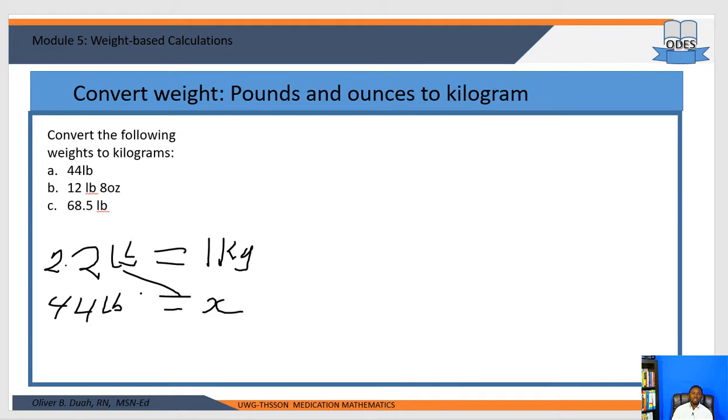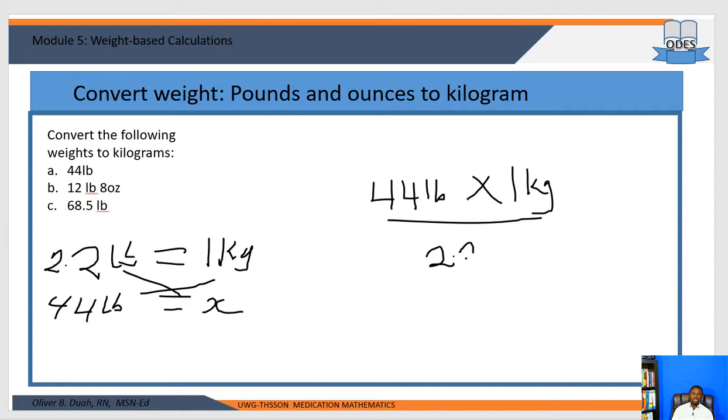Let's do our cross multiplication. So we are going to end up with 44 pounds times 1 kilogram divided by 2.2 pounds. And this will be equal to X, which we want to know. So pounds will cancel pounds, and what we have left is kilograms.